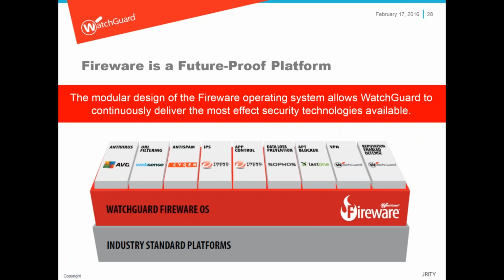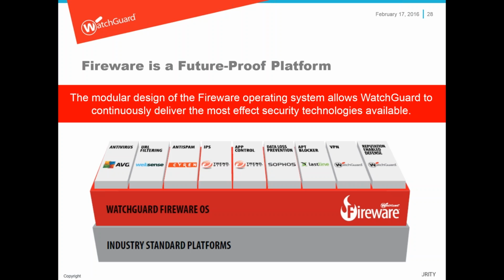Now, we're able to provide you with all of these different layers of security by integrating best-of-breed security vendors in one solution. And we offer world-leading technologies from companies such as Sophos and Trend, WebSense, which is then Reveton, which is then ForcePoint, I think they're called today, Lastline, AVG.